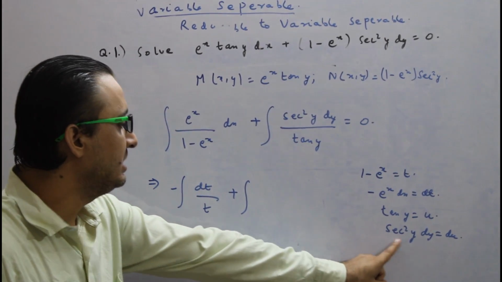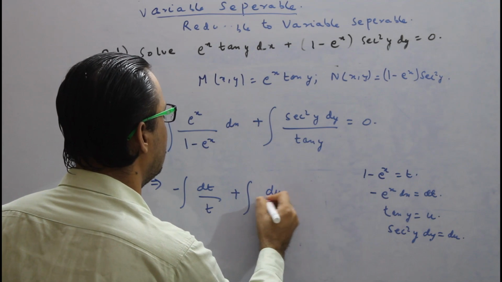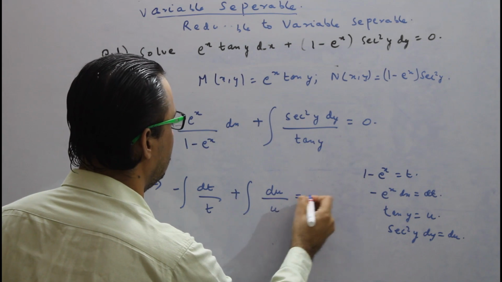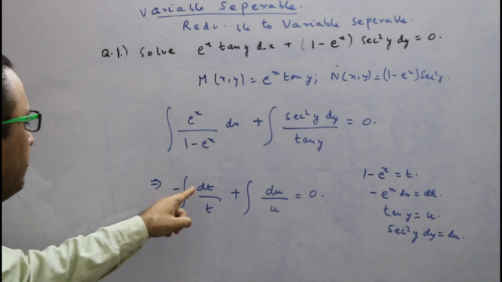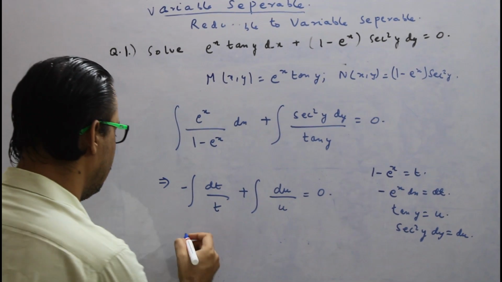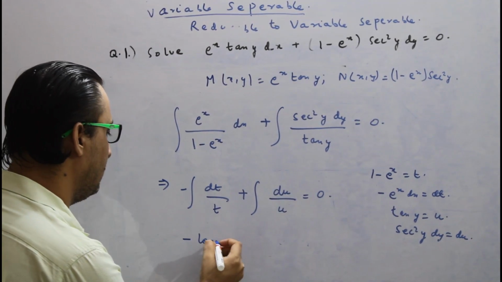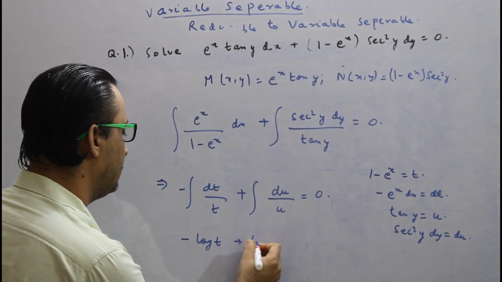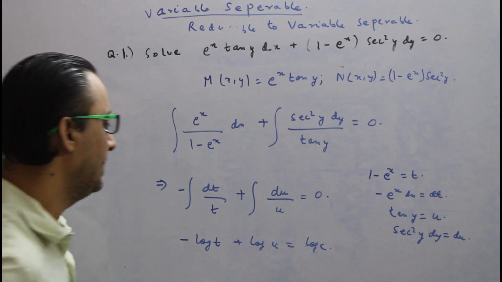So here again sec square y dy is equal to du. So this becomes du by u equal to 0. Now we know the integration of dt by t is log of t. So here is a minus sign. So minus log of t plus log of u is equal to a constant, say log c.